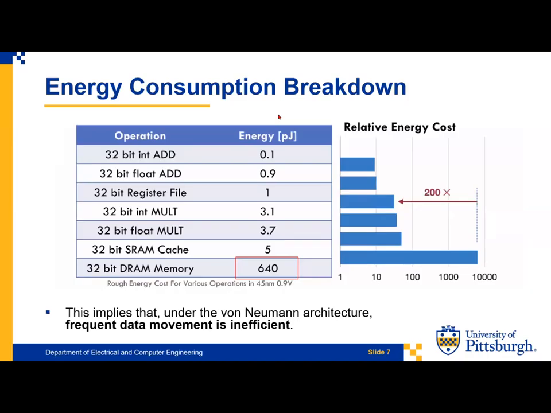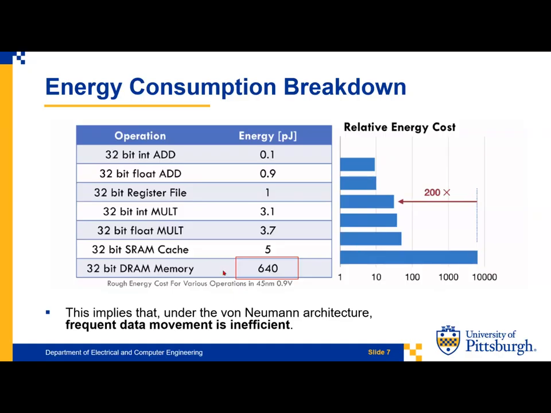Some researchers try to break down the energy consumption. This slide shows the energy consumption breakdown for different operations: the add operation, the register file access, the multiplication, and the SRAM cache and DRAM memory movement. You can see that the energy consumption of DRAM is larger than the others, right?